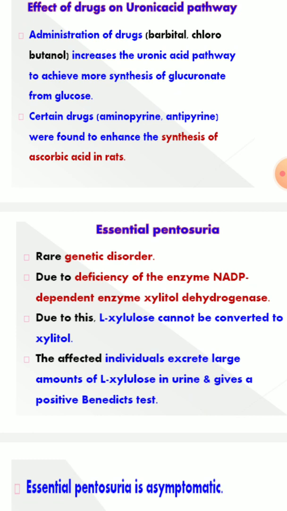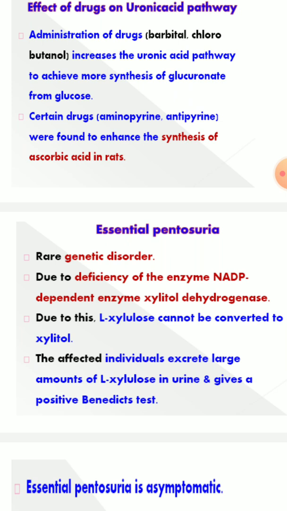When this enzyme is deficient, it results in pentosuria, because it cannot convert L-xylulose to xylitol. So L-xylulose cannot be converted to xylitol. Via xylitol you can also see the formation of D-xylulose.